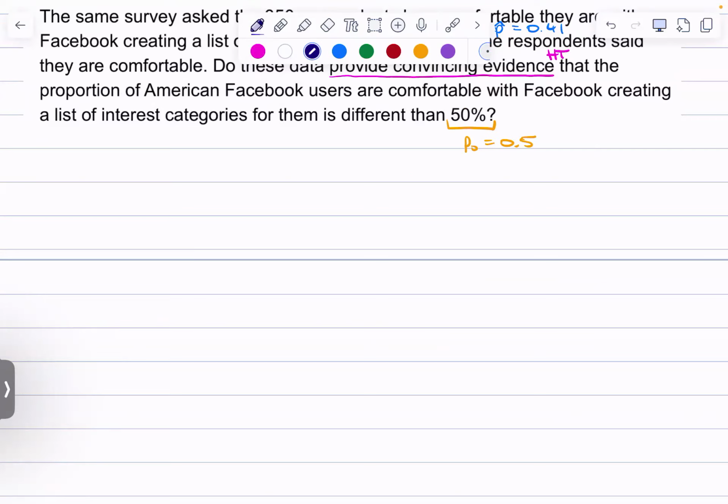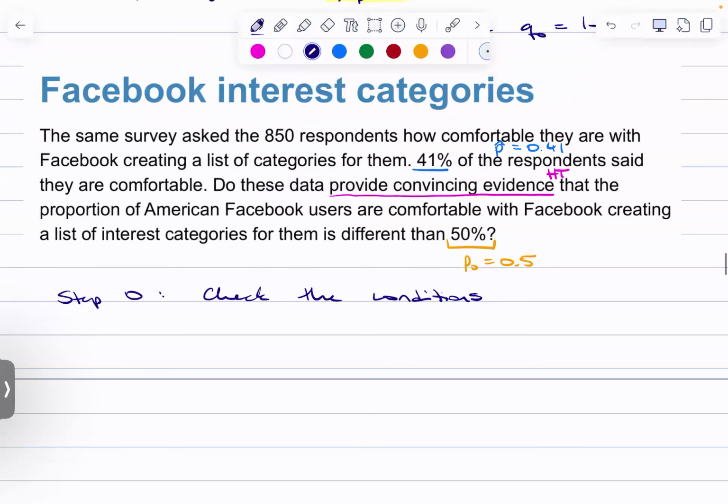And so I'll start with step 0, check the conditions. Reading this question, I only have to do a hypothesis test, right? And so I need to make sure that the independence condition is satisfied and that I have at least 10 expected successes and at least 10 expected failures.